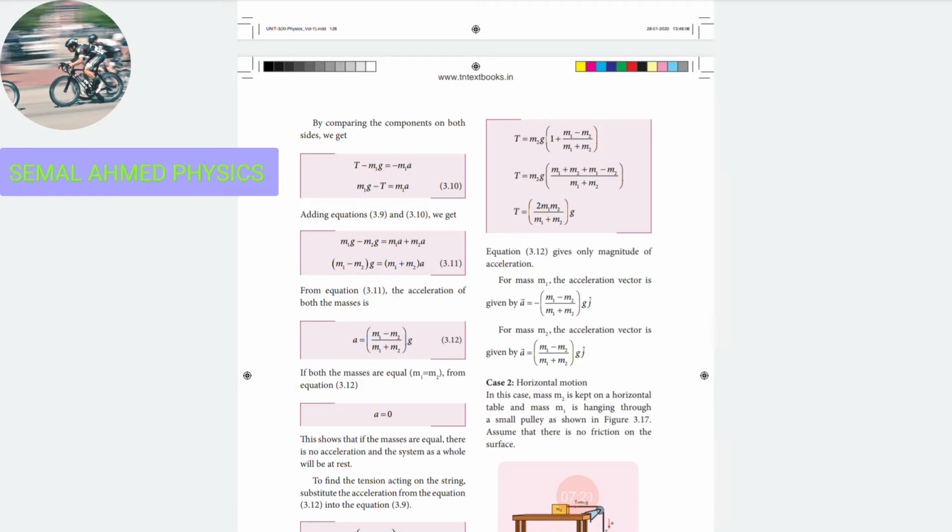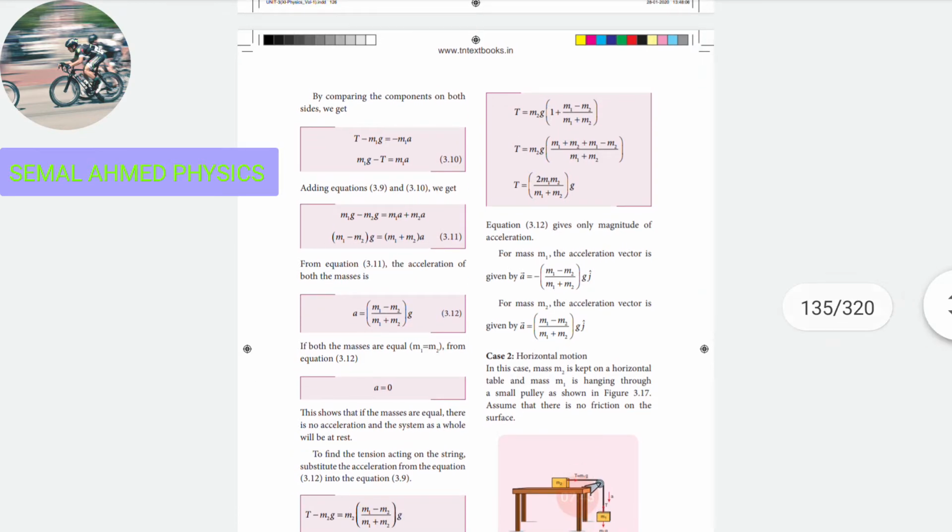Here the value of 2 m1 comes, m1 plus m1 gives 2 m1, and m2 minus m2 cancels, all divided by m1 plus m2. This m2, which is outside the bracket, goes inside the bracket.